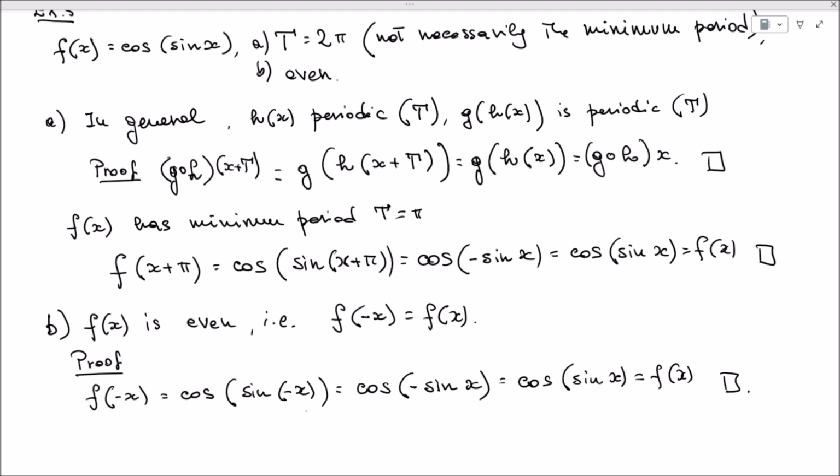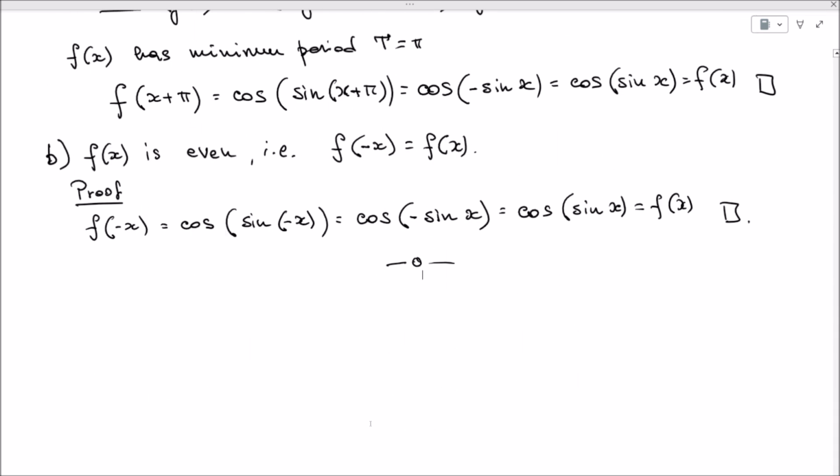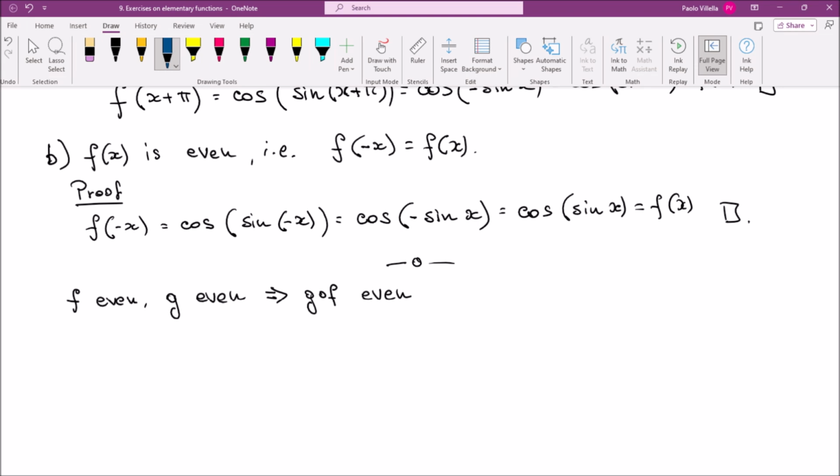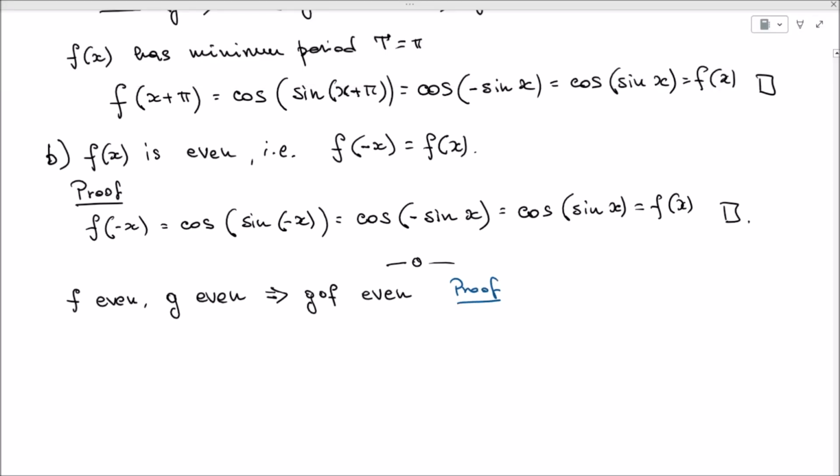Okay? We might be tempted to generalize this result. In general, if we have, let's say, two functions, let's say that f is even and g is even, then we can certainly say that g compound f is even. Okay, let's give the proof.